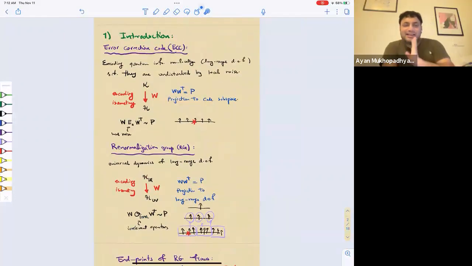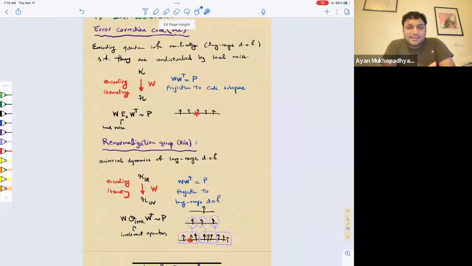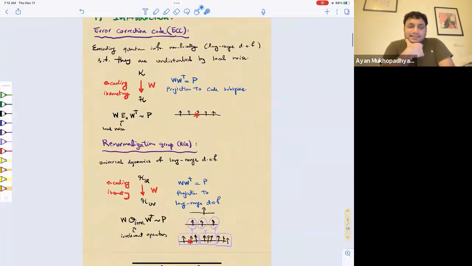Yes. I have already a question here. As you said, it's only an approximate equality that this isometry acting on the irrelevant operator is proportional to the projection. But if it is exactly equal to the projection, you cannot invert it, right?